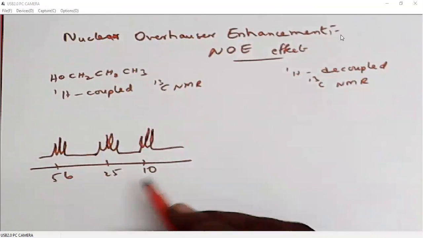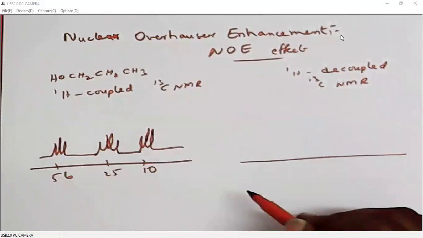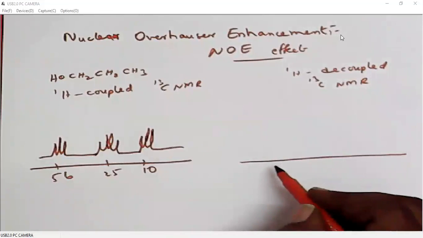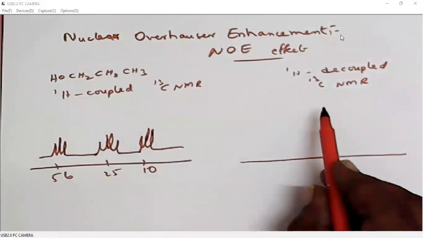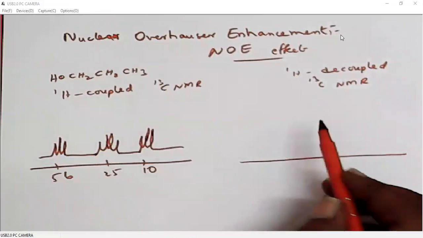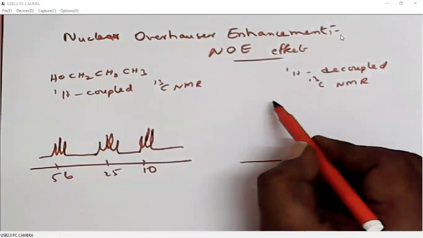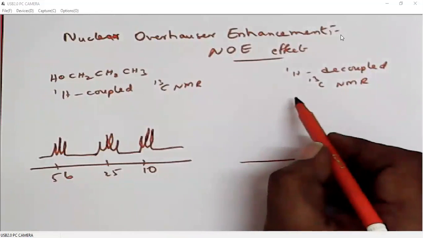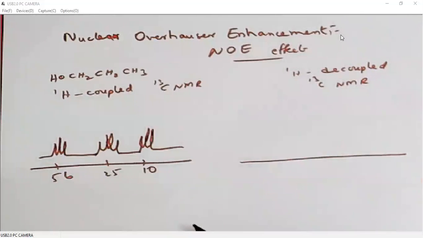But the same molecule, when it is taken with proton decoupled spectrum, what do we expect? In a decoupled spectrum, we have one more RF source. Using that RF source, we will irradiate all protons with high energy.